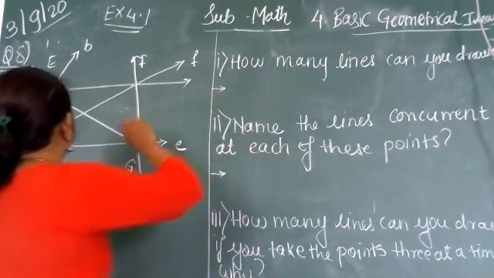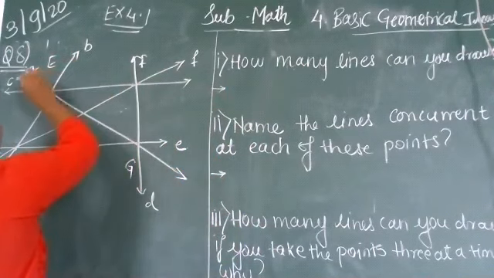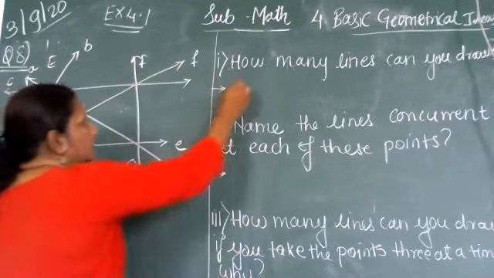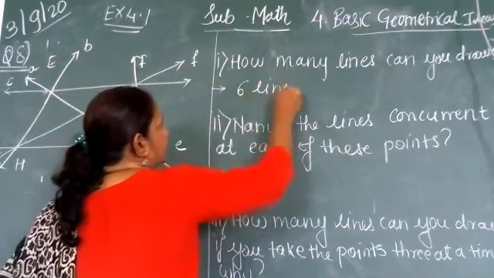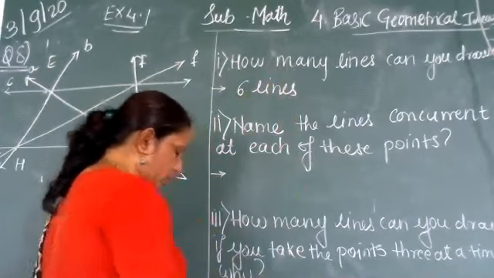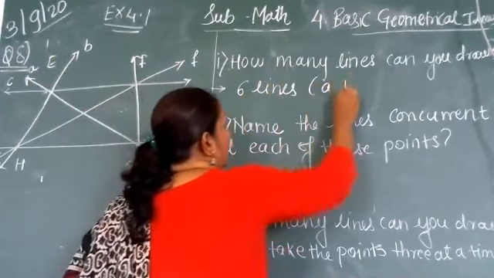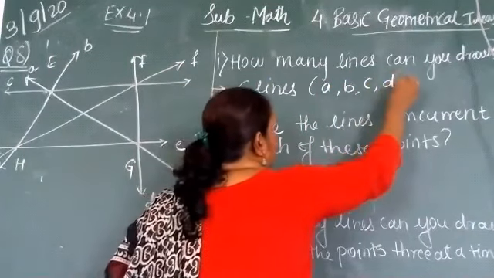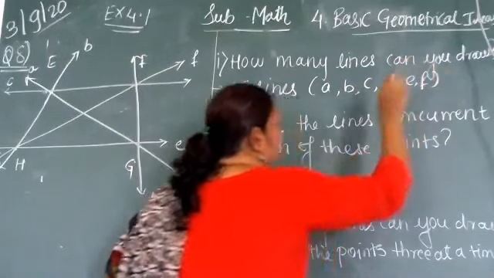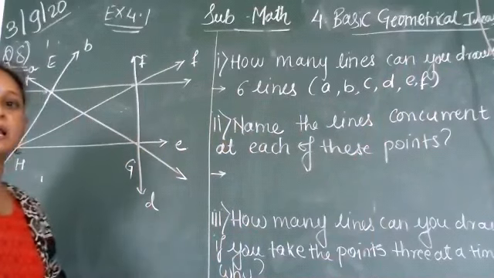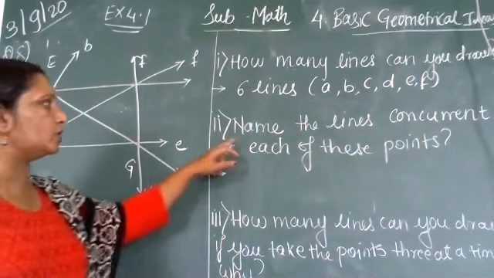So I can write here, I can draw 6 lines, that is 1, 2, 3, 4, 5, 6. So I will write that 6 lines we can draw, which are named A, B, C, D, E and F. Okay children.